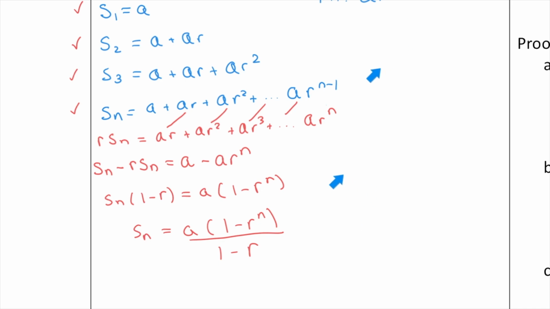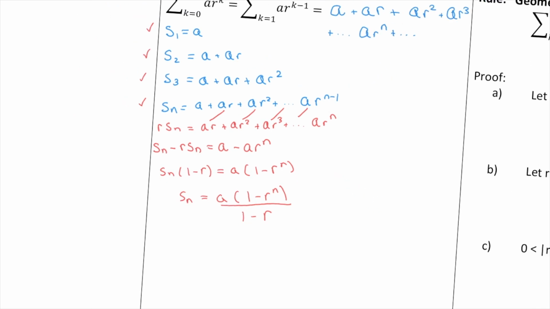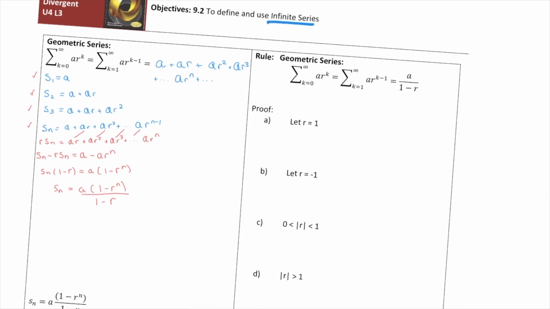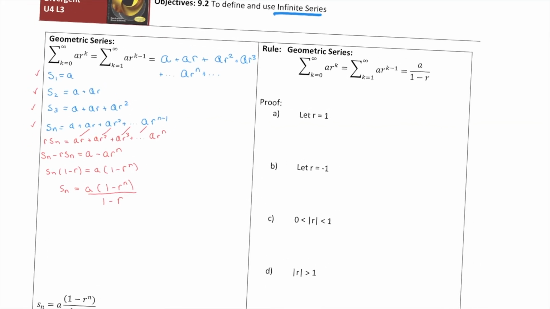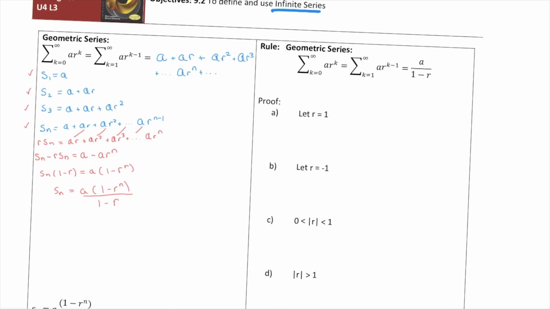So next, let's see what happens if we let r equal 1. If r is equal to 1, we can go back to S of n right here and say that S of n is going to be equal to a plus a plus a, and how many times is this going to happen? n times.